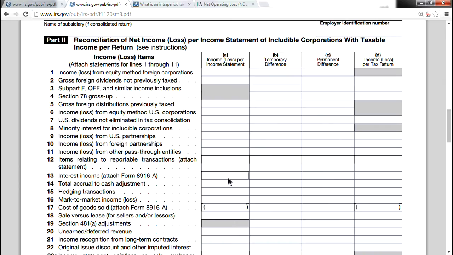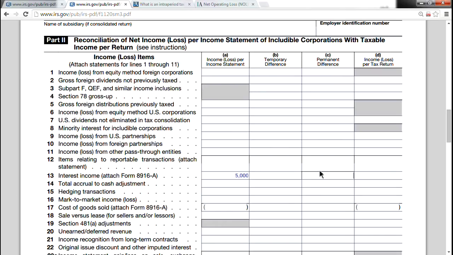Interest income. Interest income based on our financial statements, income or loss per income statement, is possibly $5,000. Let's pretend it's $5,000. It's not a temporary difference. It's more of a permanent difference because now I'm referring to the municipal tax-free bonds.